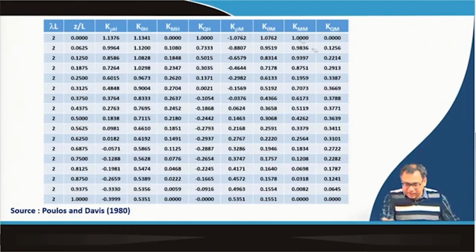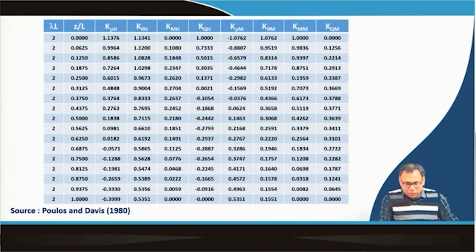These values are given for different lambda L and z by L. So you have to calculate lambda and L, and for different z, where L is the length of the pile and z is at any depth. At any point you will get these coefficients, and if you put them in the equations, you will get the deflection, slope, bending moment and shear force.